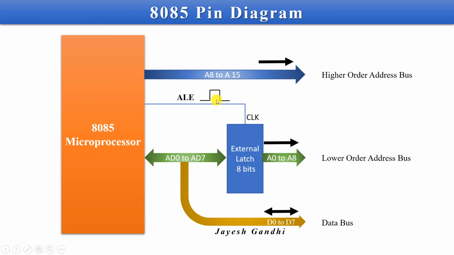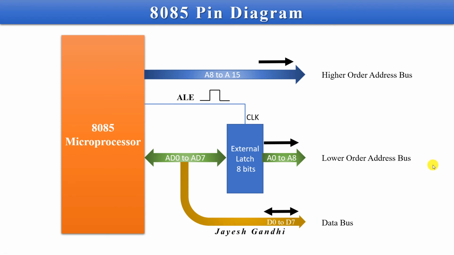So you have issued the ALE signal, it is latching the address, and the output of this latch acts as the lower order address, and thereby making the input side free. The address is gone over here, so the input is free, and therefore that can be used for data communication in both the directions.